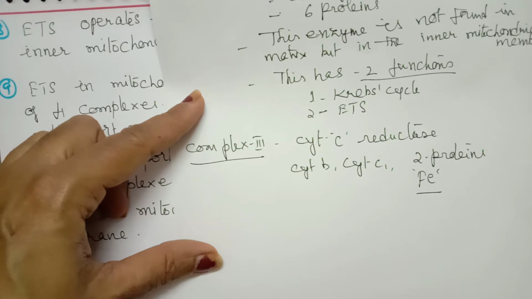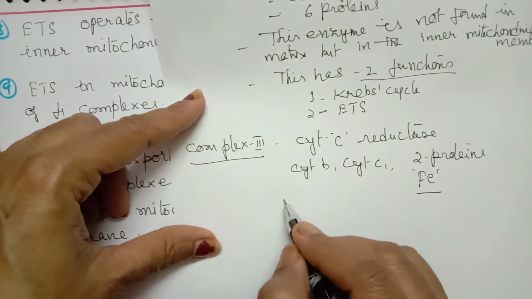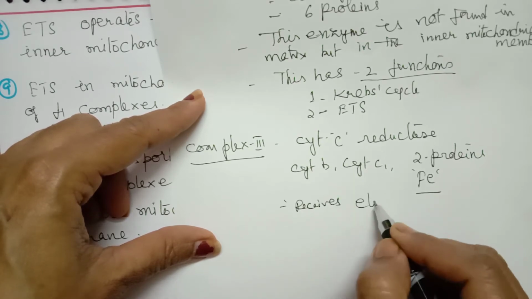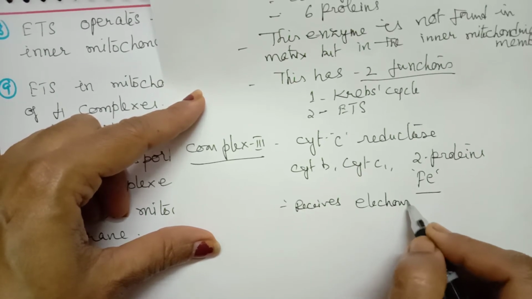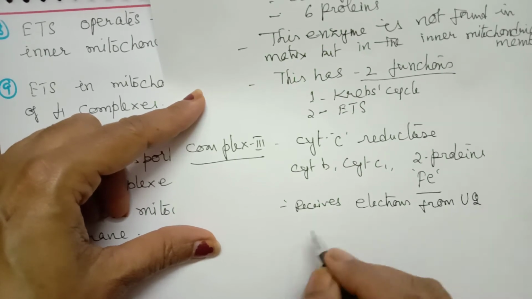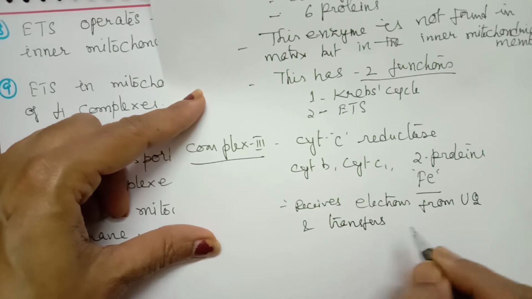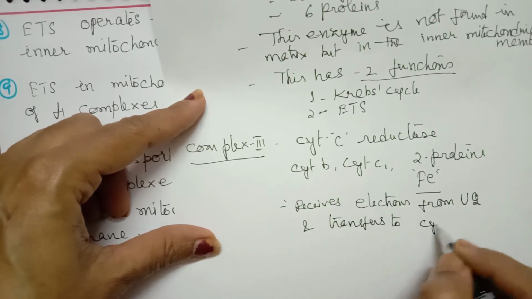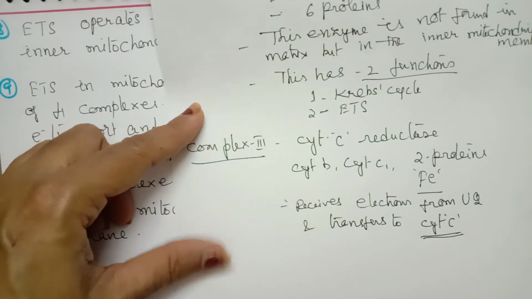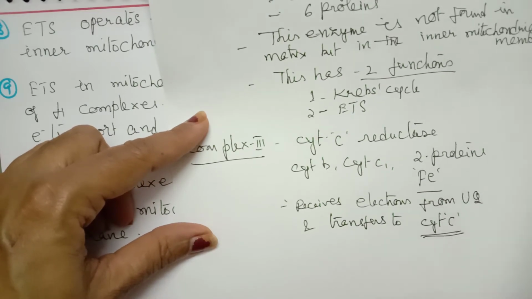That is complex 3. Complex 3 receives electrons from ubiquinone and transfers them to another cytochrome called cytochrome C. That is about complex 3.